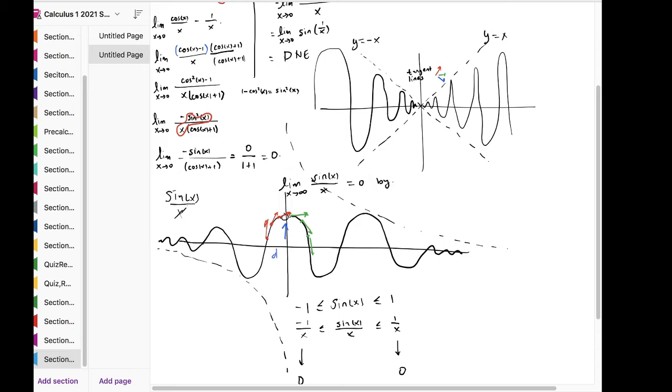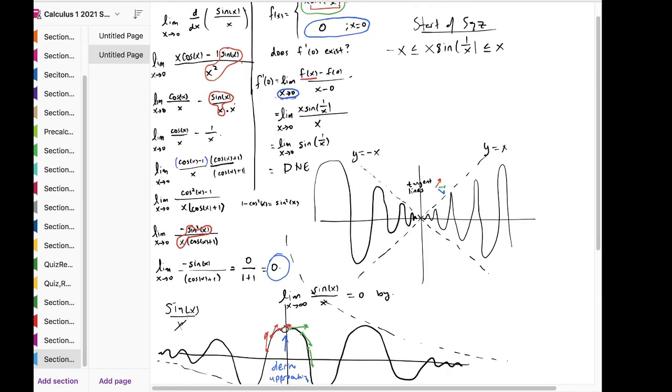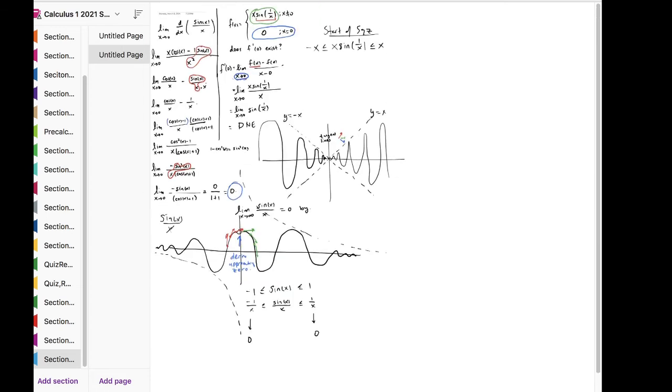Derivative approaching 0. That's what this says here. When we took the derivative and we took the limit to 0, the limit was 0. So the tangent lines are actually flattening out.